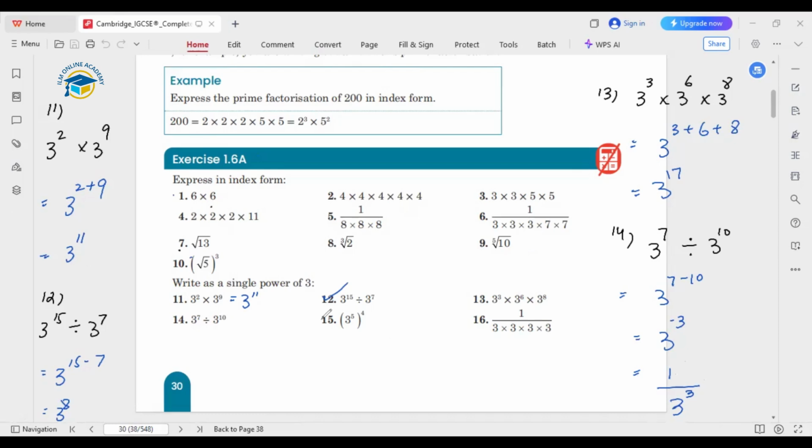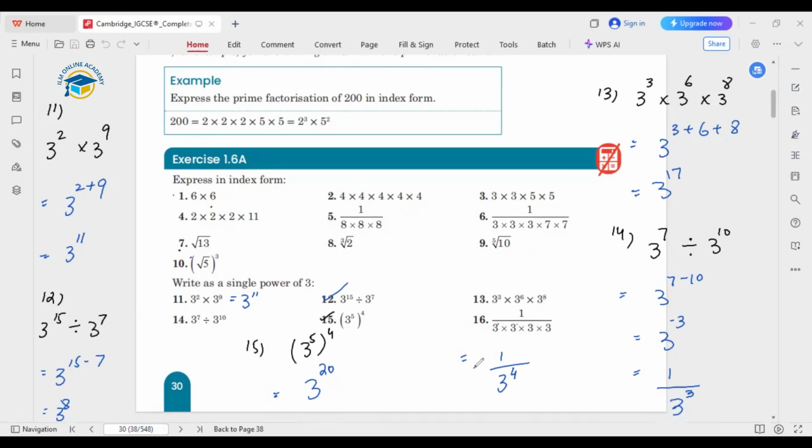For the 15th one, they have given 3 raised to the power 5, raised to the power 4. Here the powers can be multiplied together. If they have given the powers in the form of brackets, you can multiply the powers directly, like 5 times 4 will be 20. Now the last one: we have been given 3 four times together, so you can represent it as 3 raised to the power 4.